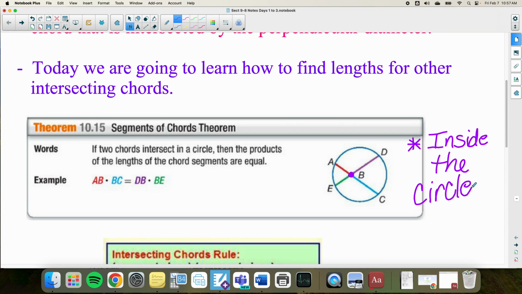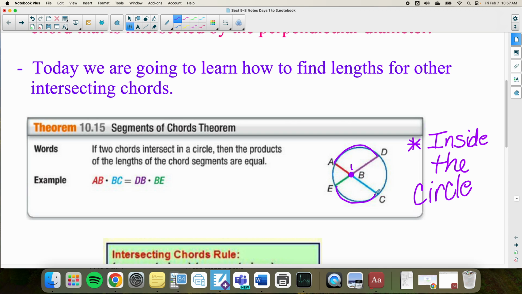Okay? Now, in the last section, when they intersected inside of this circle, we were finding like an angle, and do you remember how we used this arc and this arc to find that angle?